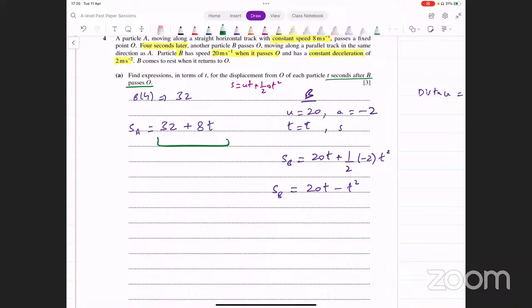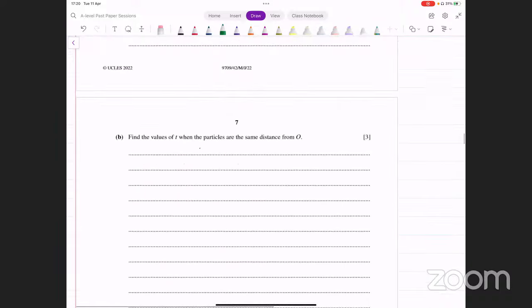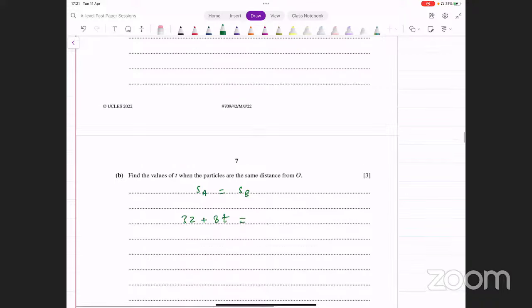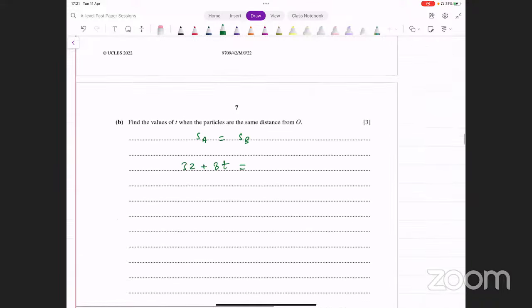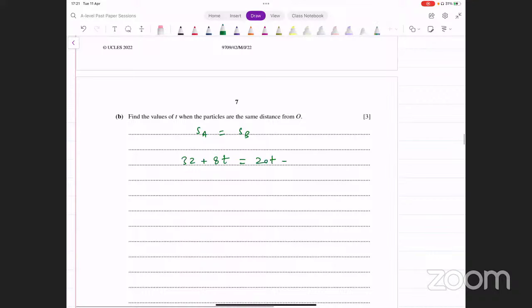This is A's displacement, this is B's displacement; equate both and see what you get. SA should be equal to SB, so that gives us 32 plus 8 times t equals 20t minus t squared. Okay, so this is the equation we have. Just solve this equation.